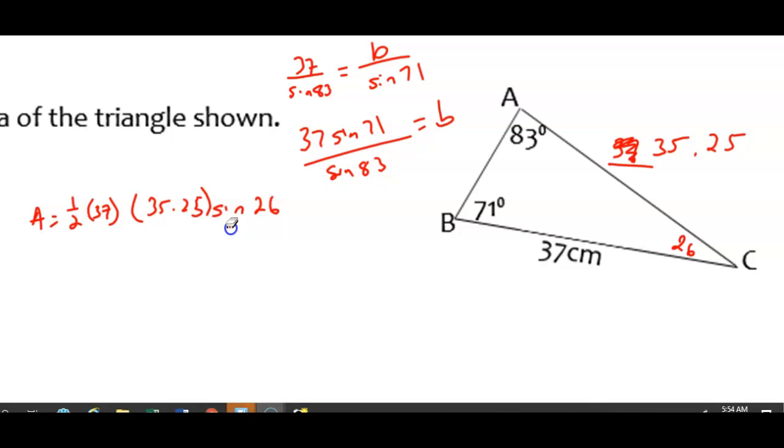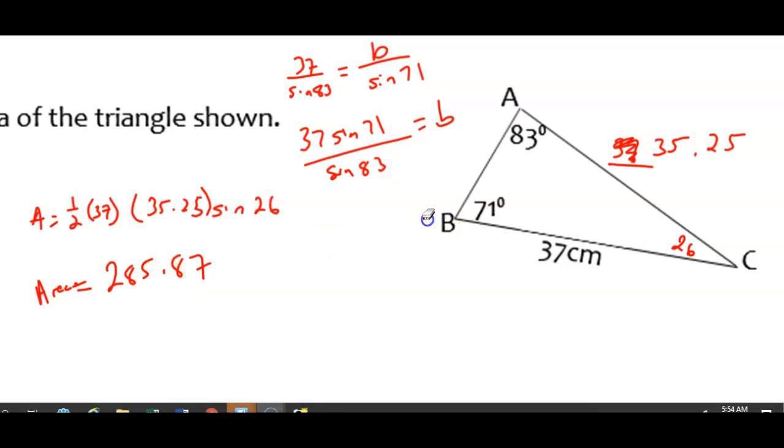Let me punch this in the calculator right here. 35.25 sine of 26, and that gives us 285.87. Area equals 285.87.